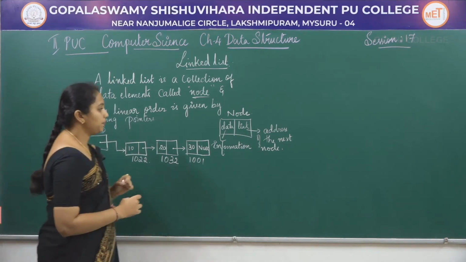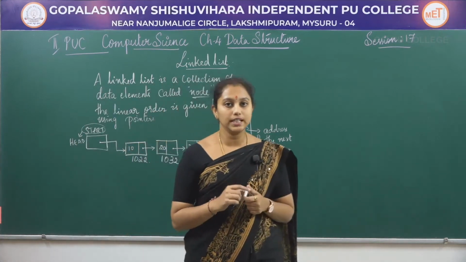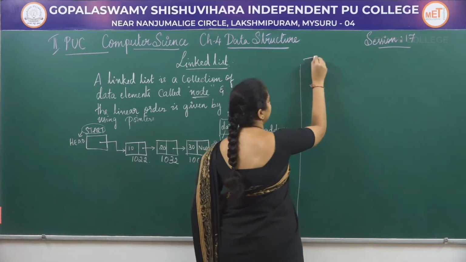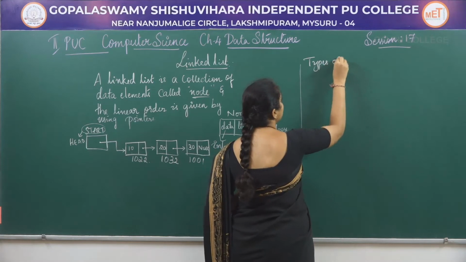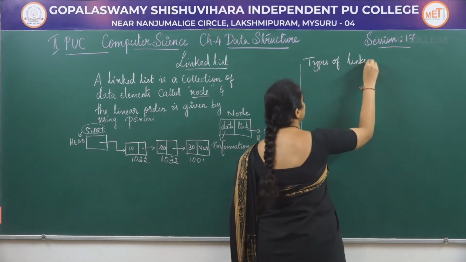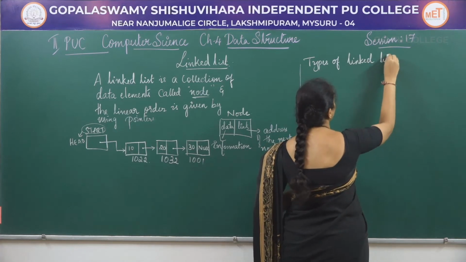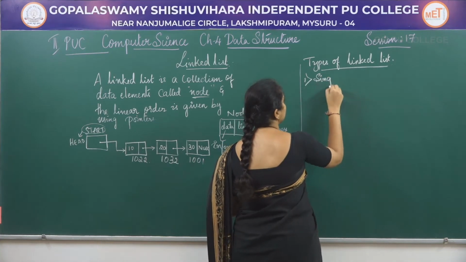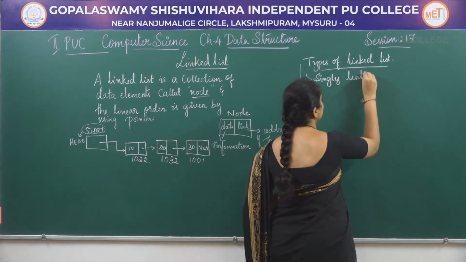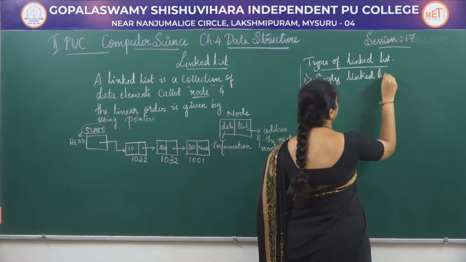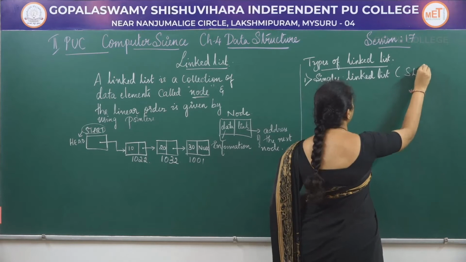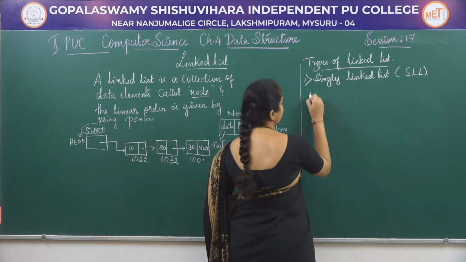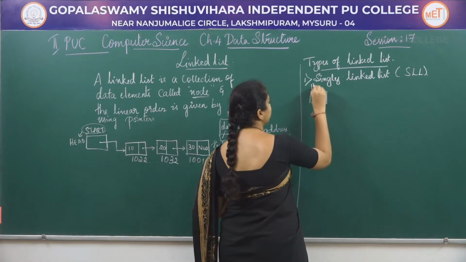Now let's see the different types of linked list. The first type of linked list is the singly linked list, also called SLL. A singly linked list contains a header pointer.